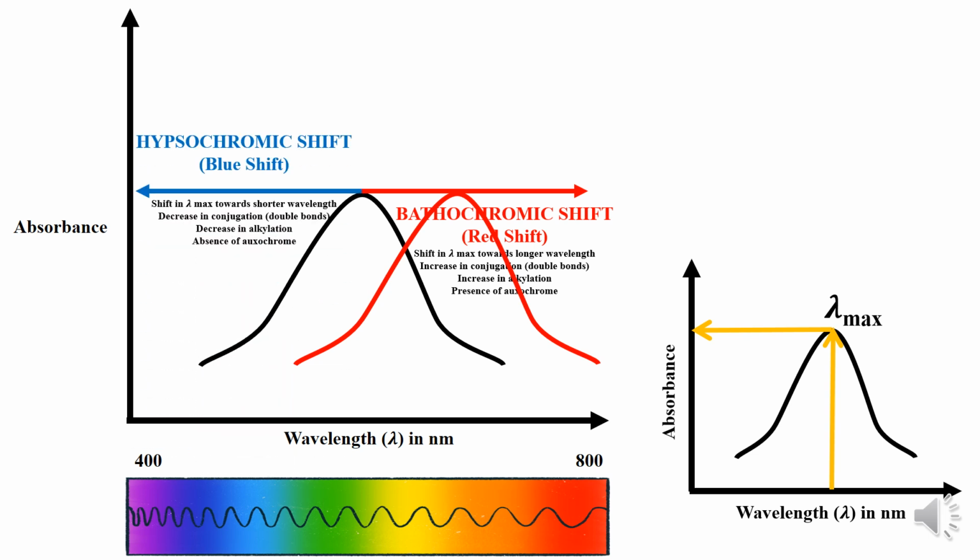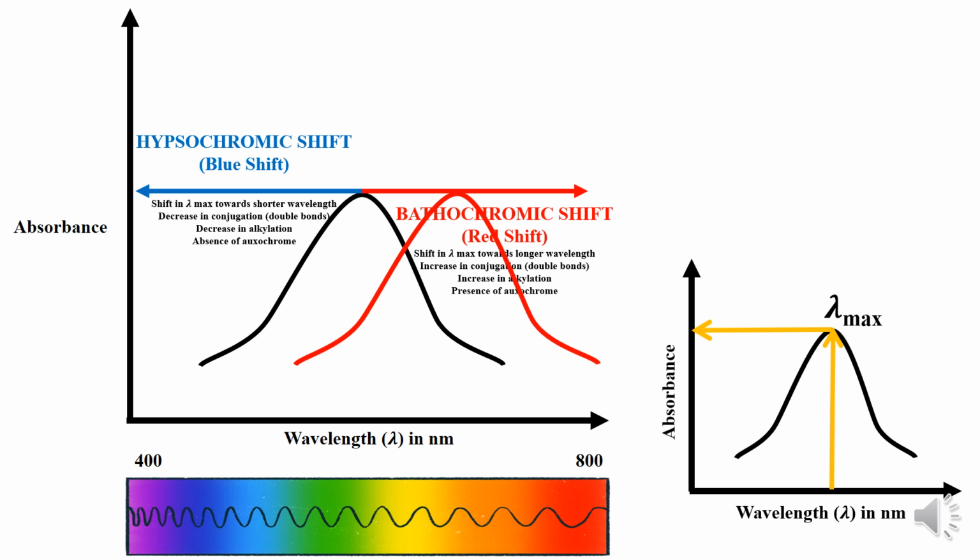And what is hypsochromic shift? Shift in lambda max towards shorter wavelength is called hypsochromic shift. It's also called as blue shift. And hypsochromic shift is caused due to these 3 major reasons, and they are decrease in conjugation or double bonds, decrease in alkylation, and absence of auxochrome.